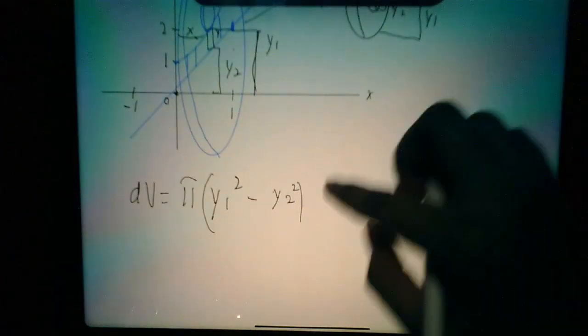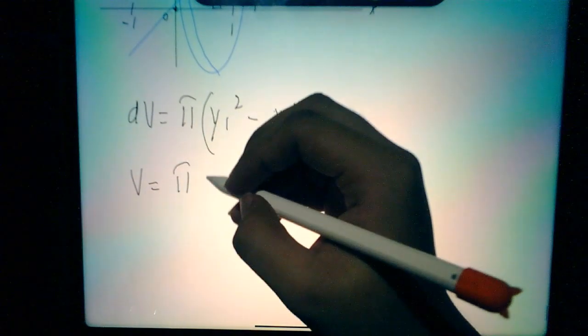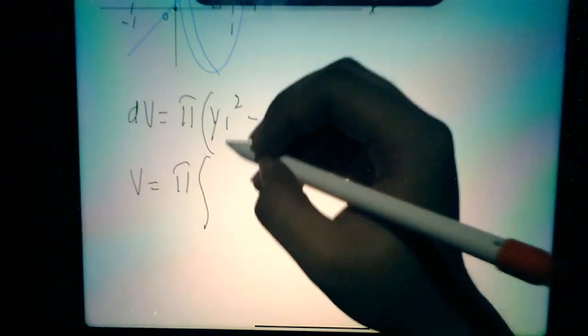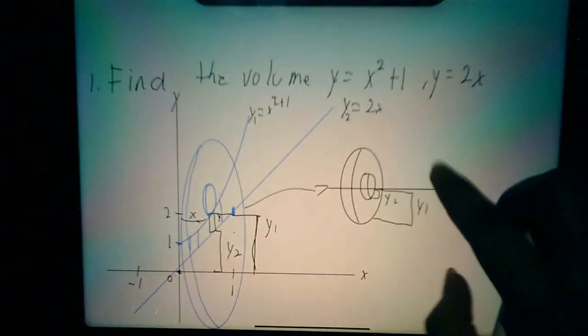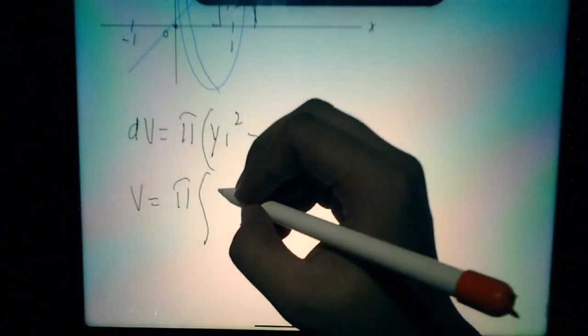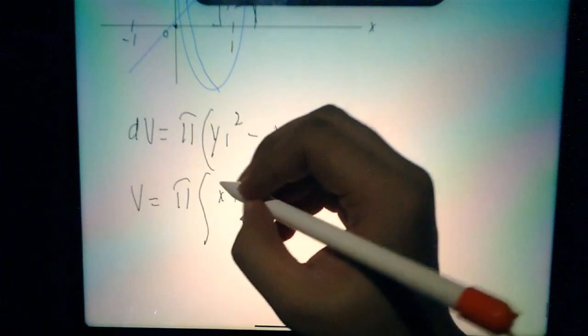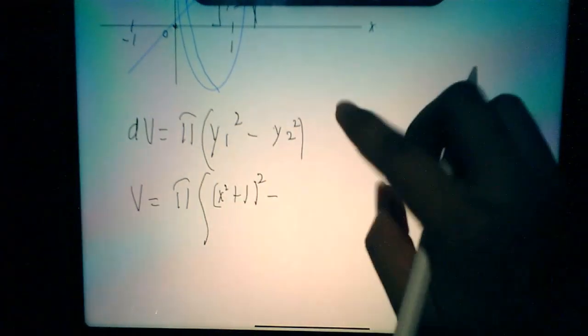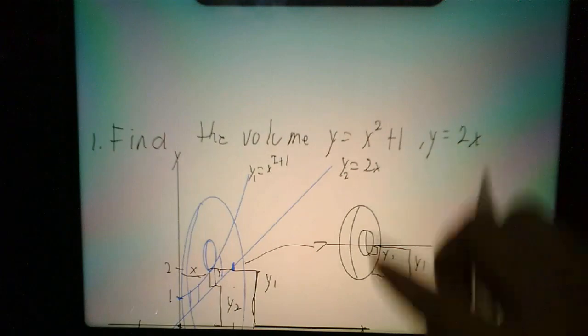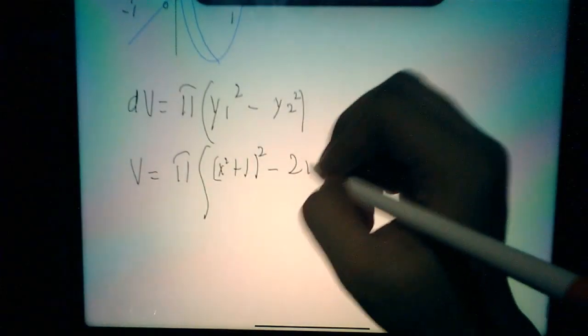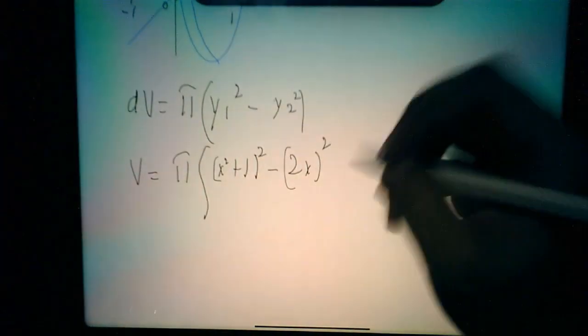By integrating this, our volume will become pi times, substituting y1 equals x squared plus 1, squared, minus y2, which is 2x, squared dx. So now we're ready to integrate this.